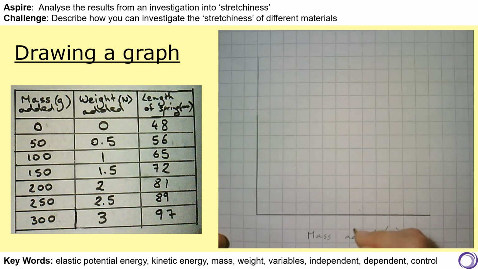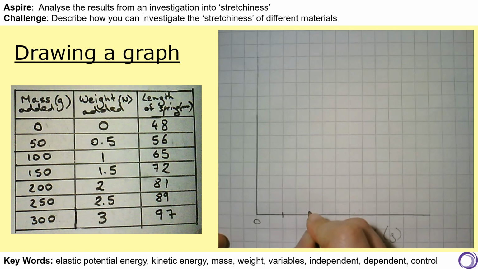So we added first 0 grams, and then 50 grams, and then 100, and then 150, and so on up to 300. So the easiest way that I'm going to do this is, let's see, 0 will be where my origin is here.